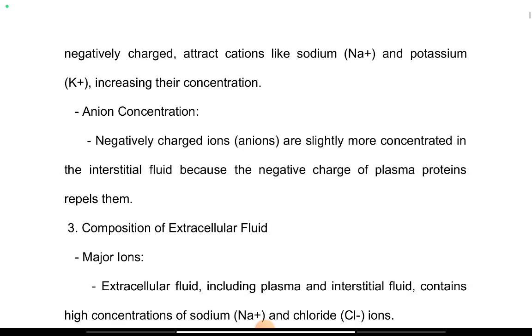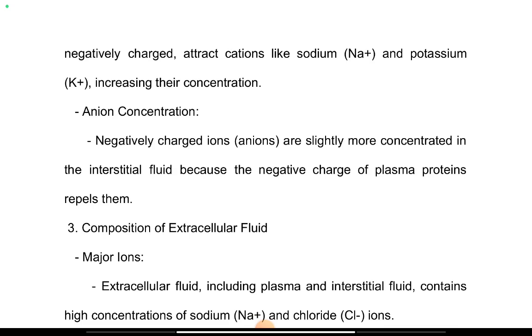Examples of cations that exist within the plasma are the sodium ion, potassium ion, calcium ion, and a whole lot of others. But the major ionic concentration in the plasma is sodium and chloride.